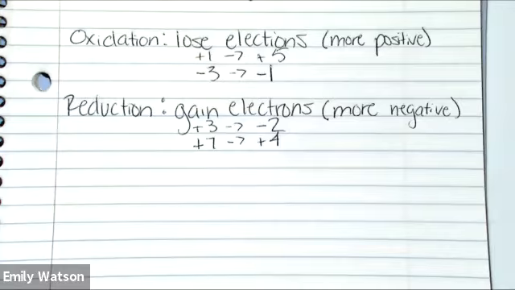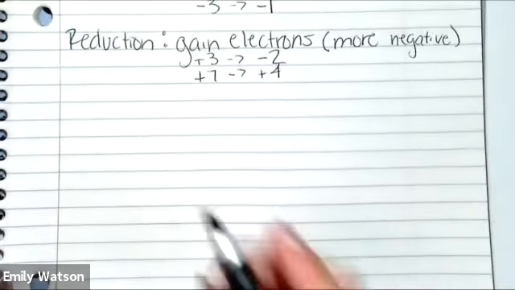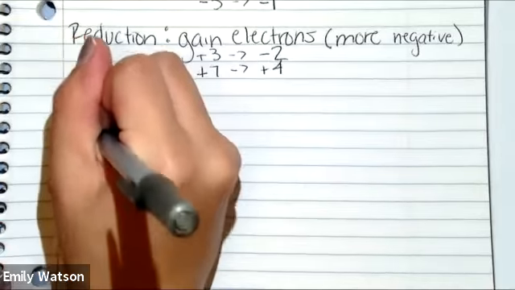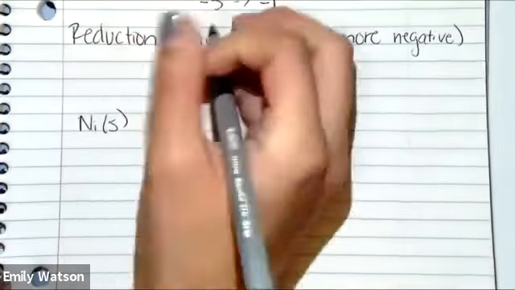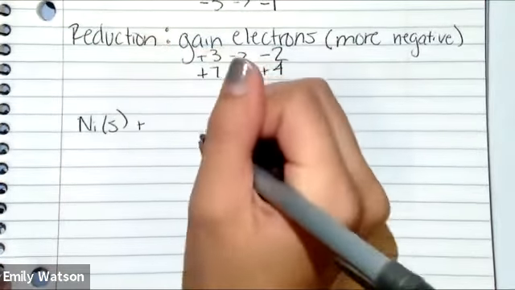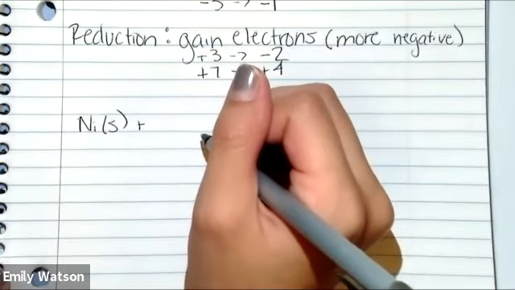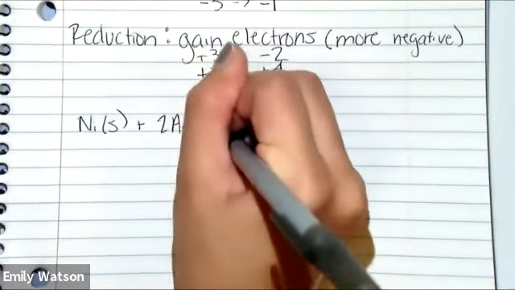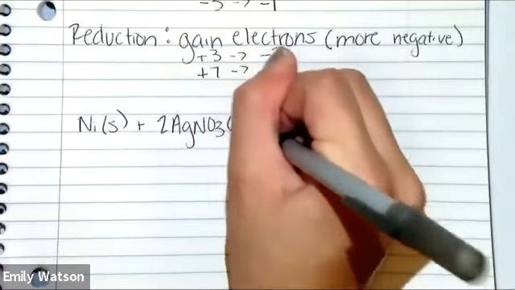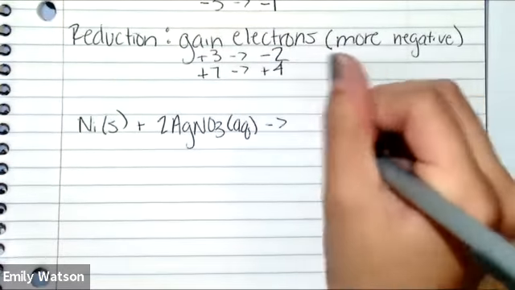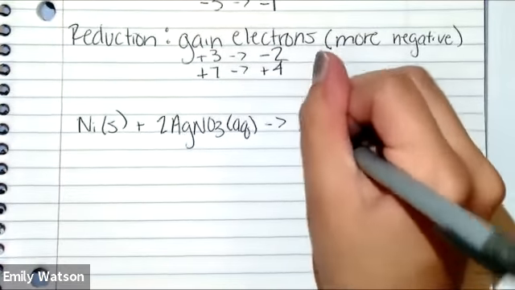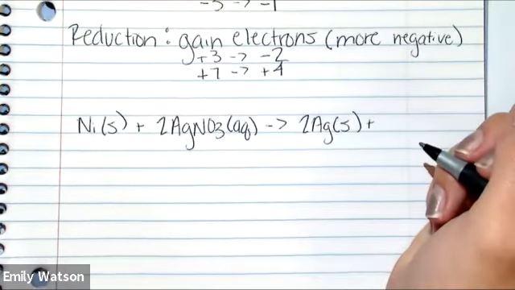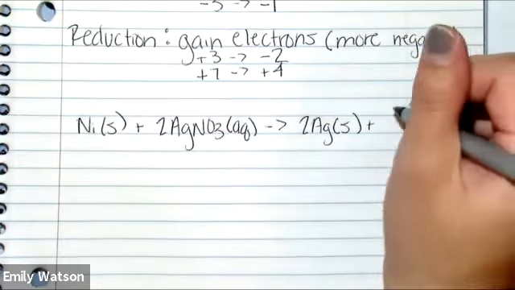So let's do the problem. We're going to have solid nickel plus 2 aqueous silver nitrate goes to 2 solid silver plus aqueous nickel nitrate.